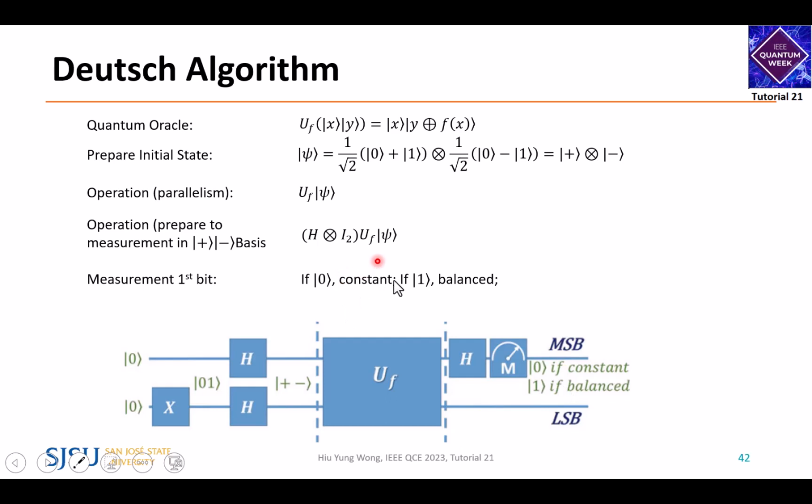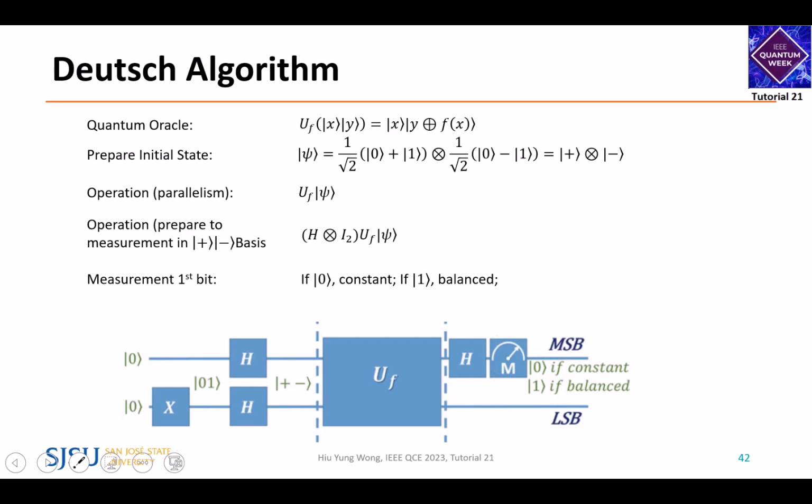But because of the way we come up with the algorithm, if it is a constant function, it always gives you 0 at this bit. If it is a balanced function, it always gives you 1. So you do the measurement, you find that it is 0, then you know this function is constant. You find that it is 1, you know it is balanced.